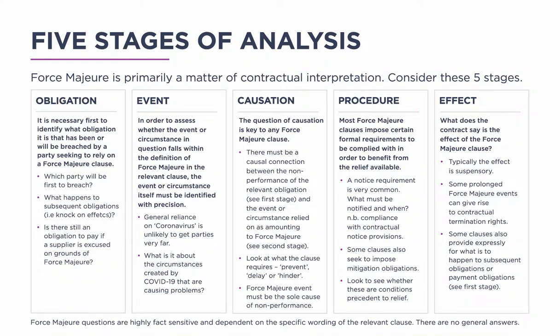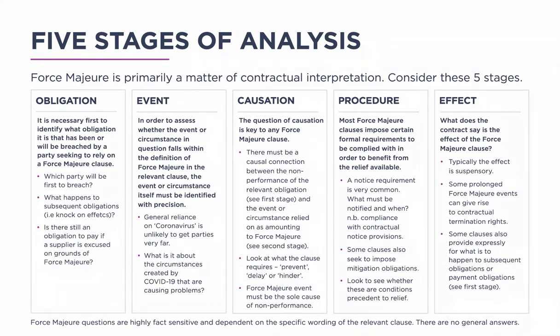And so if we just dive into the question of defining the obligation, it's important, as I said, for 2 reasons, and focusing on the practical for the time being. Obviously, the one question which is going to be at the forefront of anyone's mind in the current scenario is whether it's going to be themselves who may be seeking to rely on force majeure relief if it looks like there are going to be difficulties with the performance of obligations, or conversely, whether it's going to be the counterparty who is in difficulties.